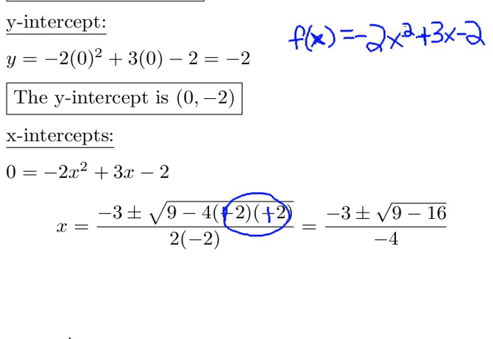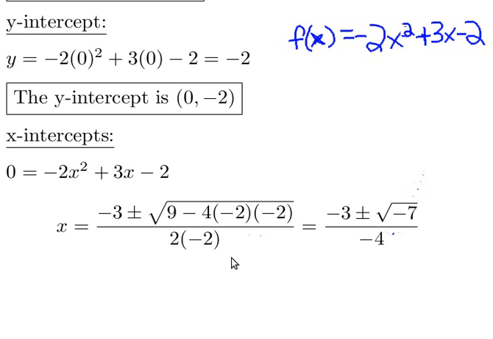That's going to be minus 7. And now we have an imaginary number, because you can't take the square root of negative 7 and still get a real number back. So that means there are no x-intercepts. Let's go ahead and erase that.